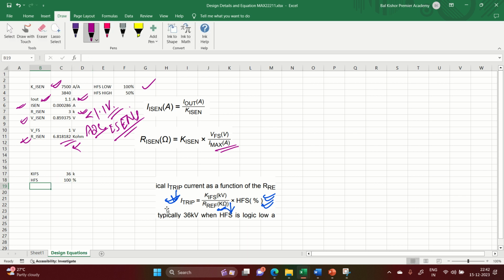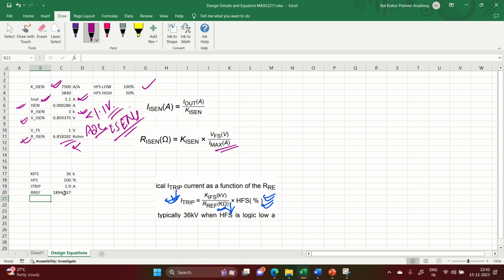My I trip, let's say we want to set it at 1.9 ampere. What would be my RREF? That will come up as KIFS divided by I trip and multiplied by HFS. So it is coming up as 18.94.